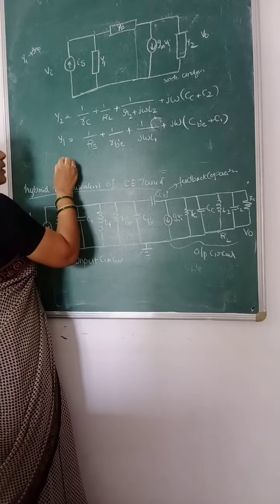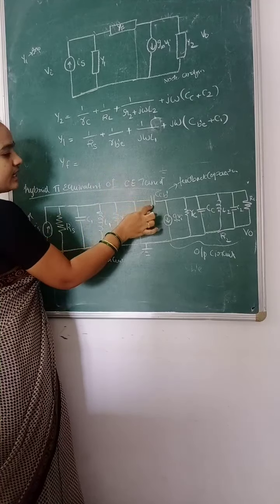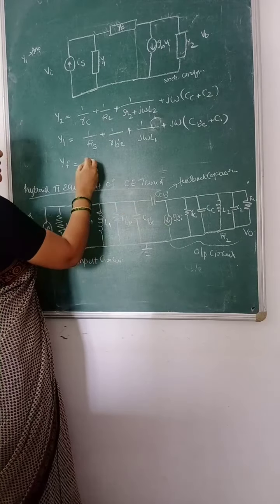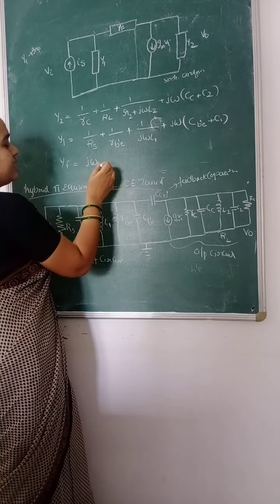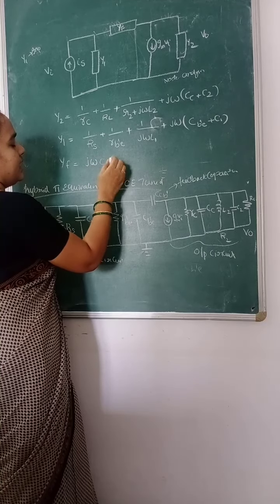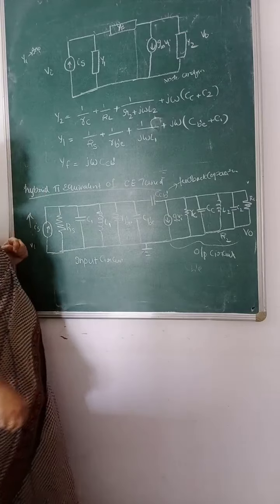And the feedback admittance is simply Yf. Here we have only one capacitance, hence the admittance is j omega Cb dash c.